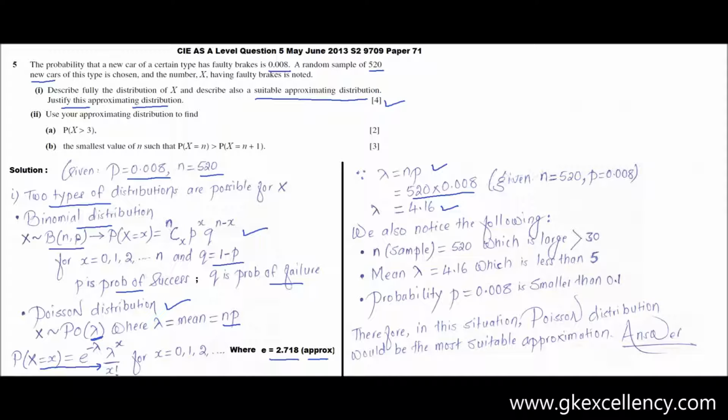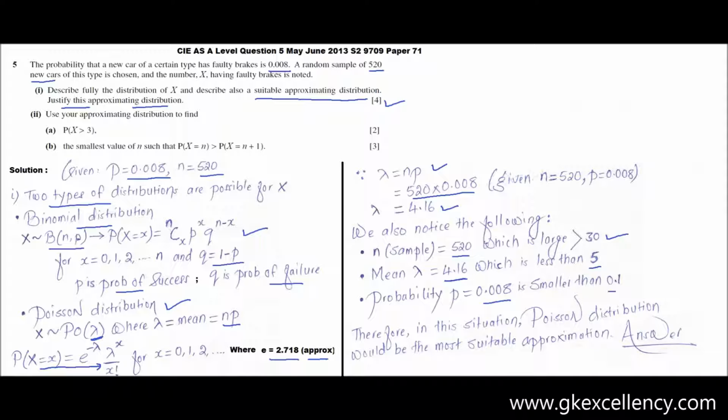Here we notice the following: n, the number of samples, is 520, which is larger than 30, and secondly lambda is equal to 4.16, which is less than 5, and third, the probability 0.008 is smaller than 0.1.